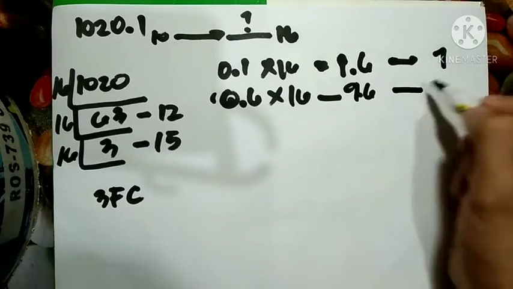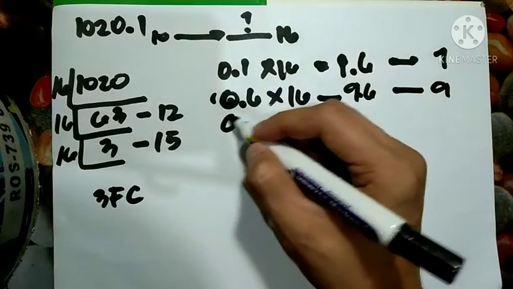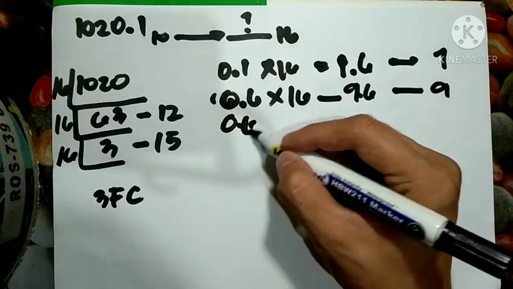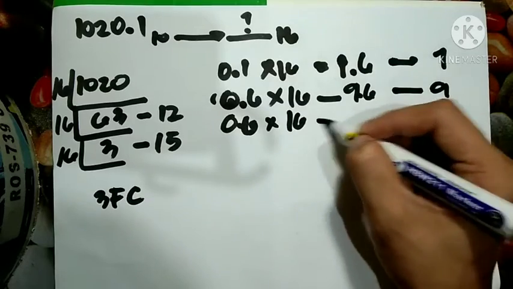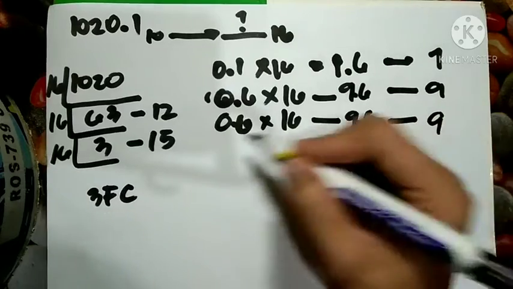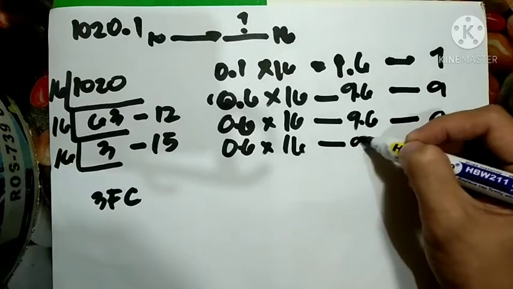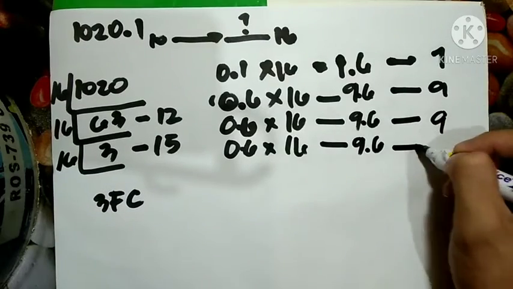Multiply it again. Separate again the integer part and multiply again the decimal. 0.6 times 16 again is 9.6.